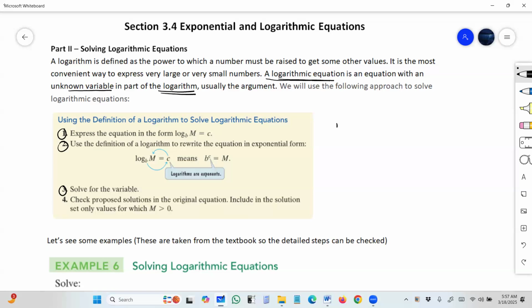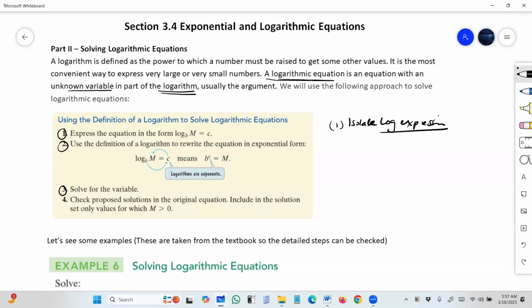So the first step would be to isolate the log expression on one side. When I say log expression, I mean the log expression where the variable is located. That has to be isolated; I'm going to do it on the left side.